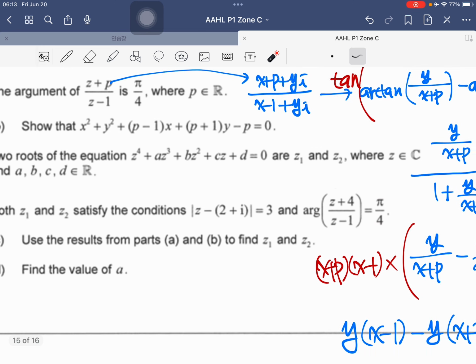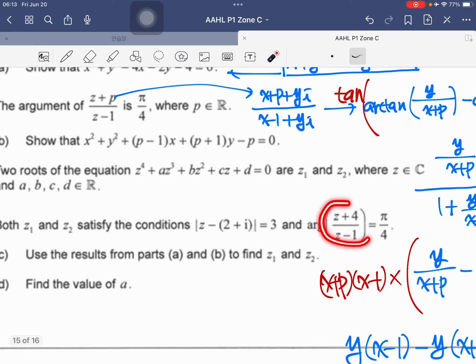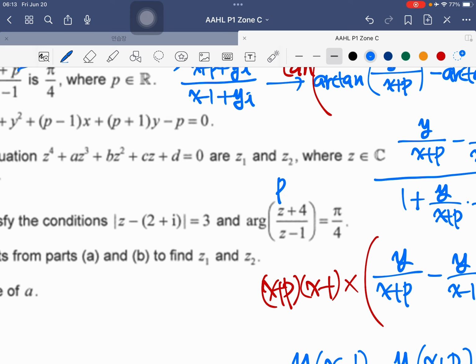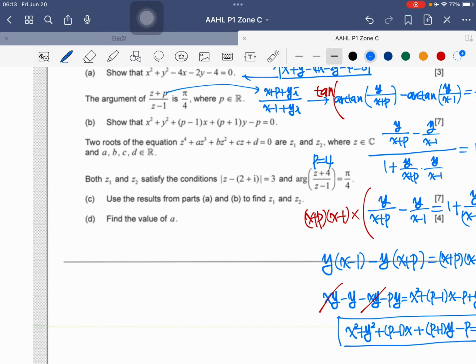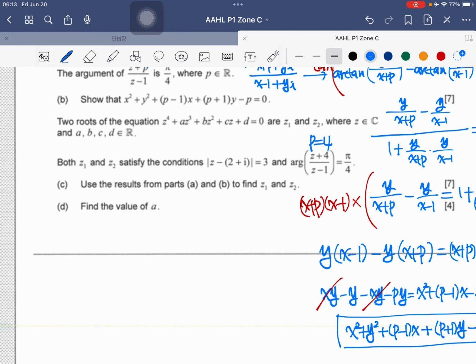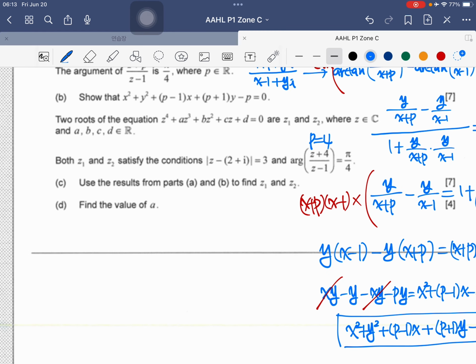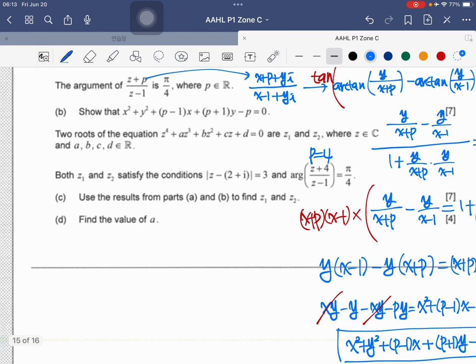If you look carefully, inside the parentheses, the numerator z plus 4, which originally was z plus p, means p equals 4, right? P equals 4. So use the results from part A and B to find z1, z2 when p equals 4.